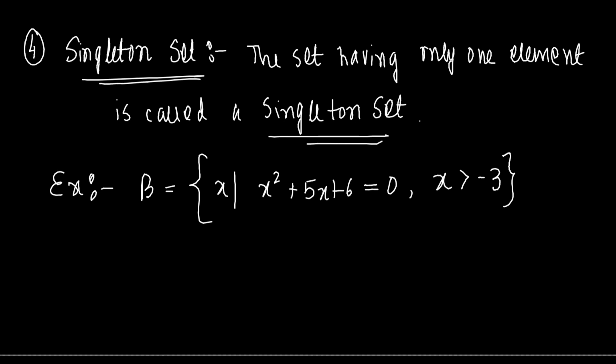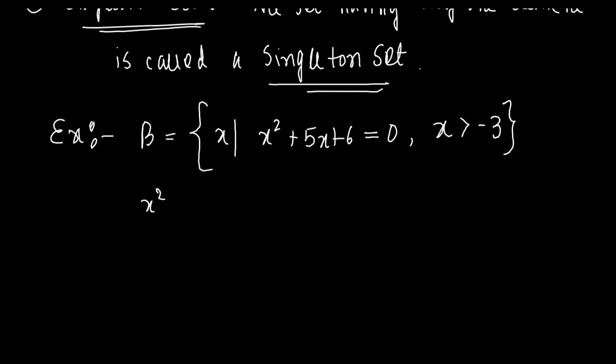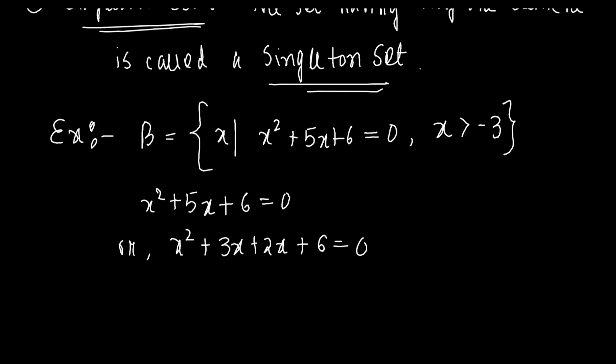Okay, so let us solve this. What values of x will satisfy the equation x square plus 5x plus 6 equal to 0? Here it will be x square plus 3x plus 2x plus 6 equal to 0. So it will be x into (x plus 3) plus 2 into (x plus 3) equal to 0.